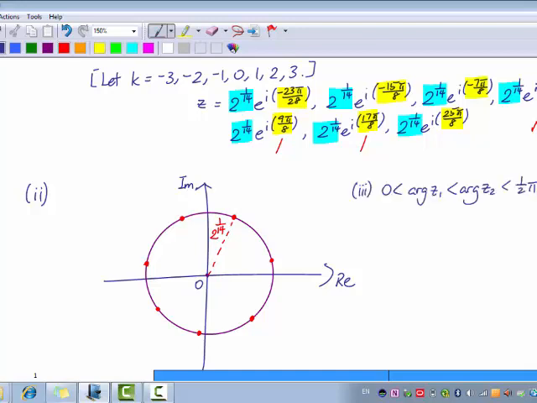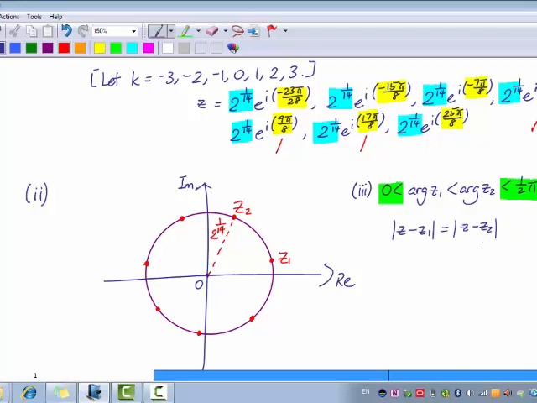Now, if we go on to part 3, we see there are 2 special points called Z1 and Z2. And what does this inequality tell us about Z1 and Z2? Yes, they are in the first quadrant. An argument of Z1 is less than argument of Z2. So this must be Z1 and Z2 respectively.